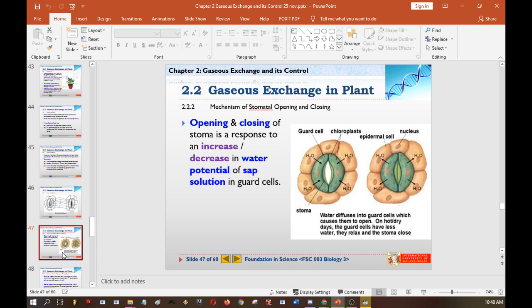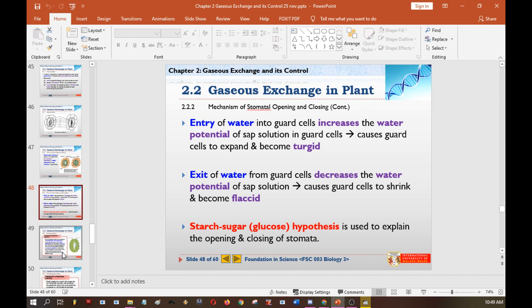When it's hypertonic, it will absorb water from the surroundings, causing it to become turgid. If there is no sun or no photosynthesis, a lot of this sugar will be turned into starch. Starch doesn't have any osmotic power, so it will cause the solution to become hypotonic instead.